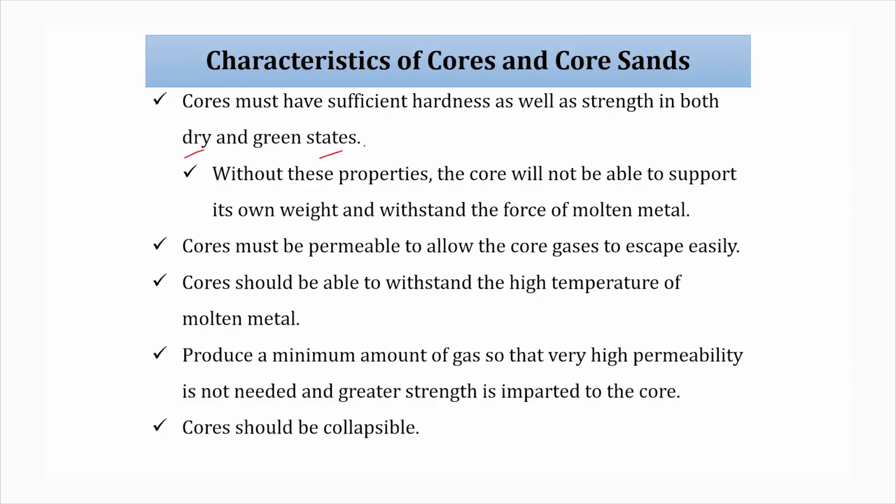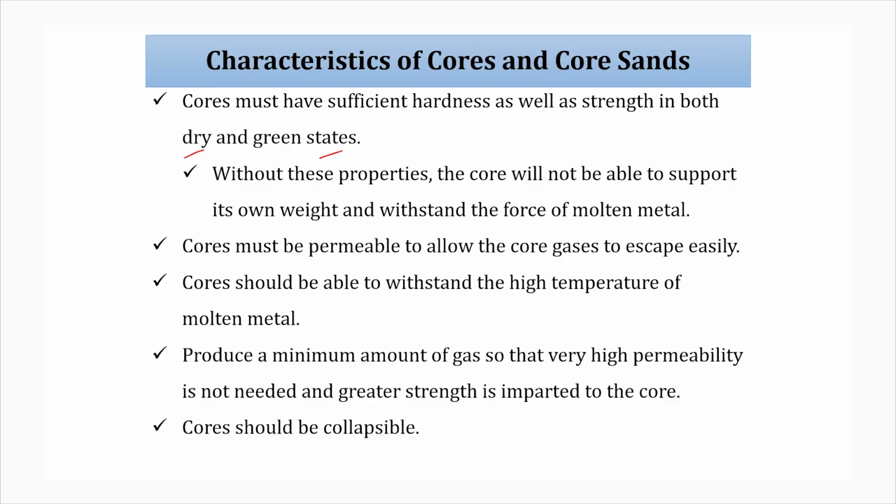But when you are pouring molten metal like aluminum at 700 degrees Celsius, at that temperature the moisture or water contained in the sand mold or core evaporates and burns. That is called the dry state, and if the mold has no sufficient strength at that temperature, it can collapse.